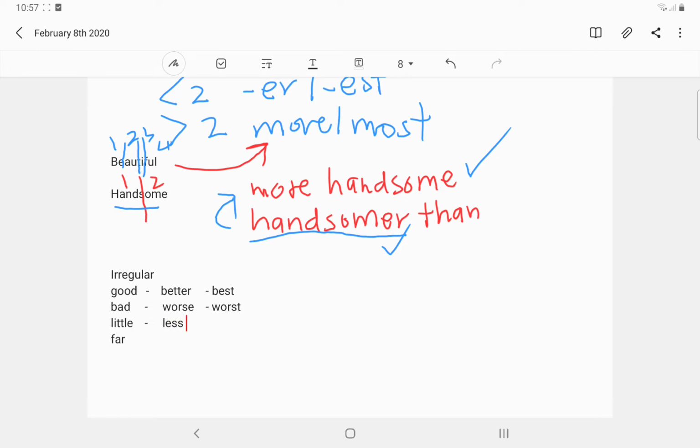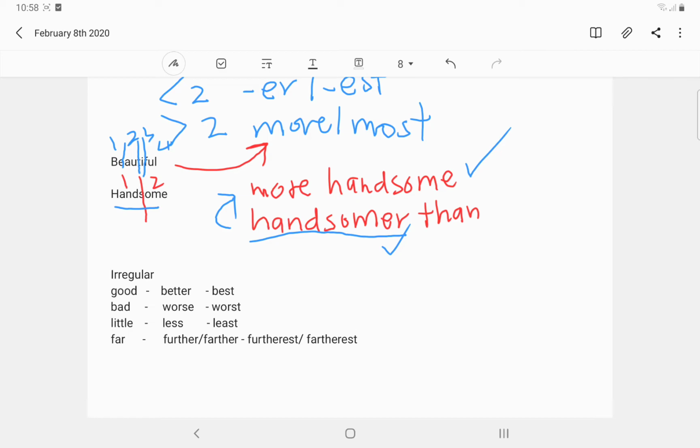And then less akan jadi least. And then far akan jadi further or farther. Semua boleh, farther tu bukan father ayah ya. Ataupun dia akan jadi furthest. Ataupun farthest. Okay. So ini adalah irregular.